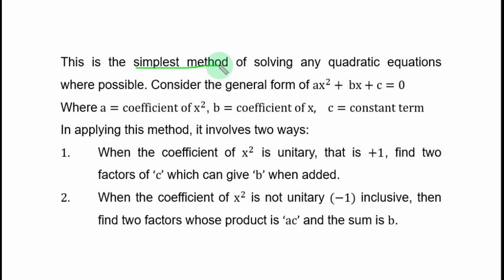Consider the general form ax squared plus bx plus c equal to 0, where a is the coefficient of x squared, b the coefficient of x, and c the constant term. In applying this method, it involves two ways.